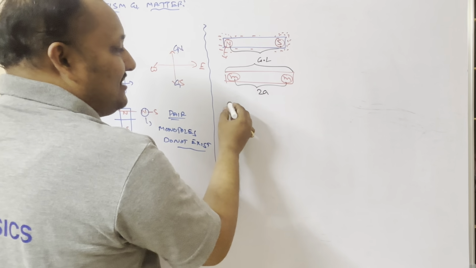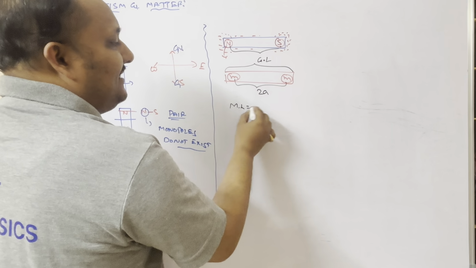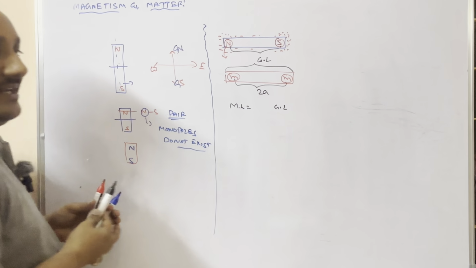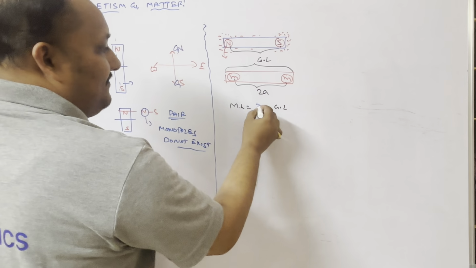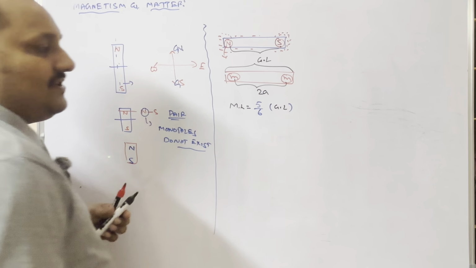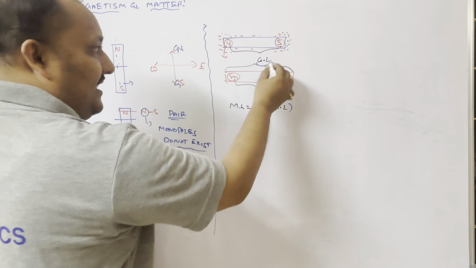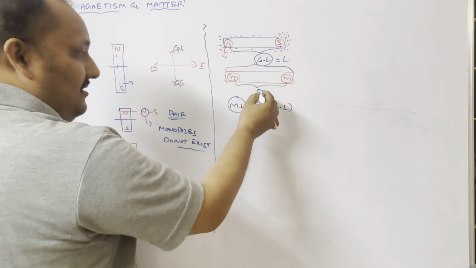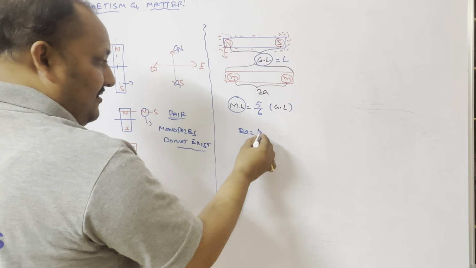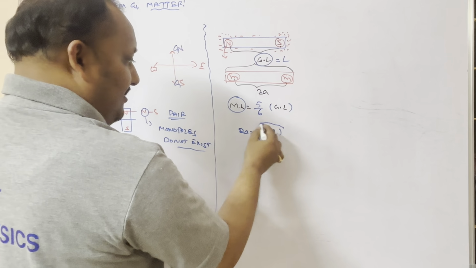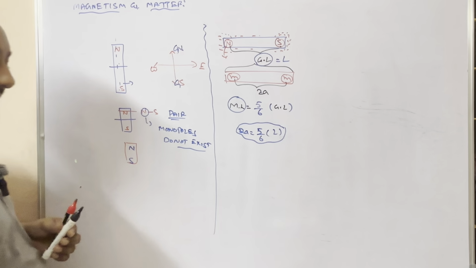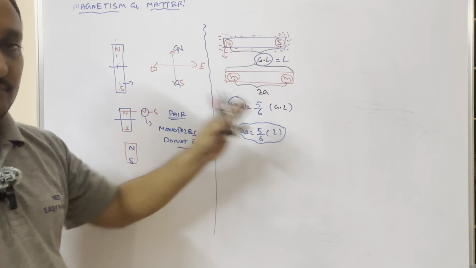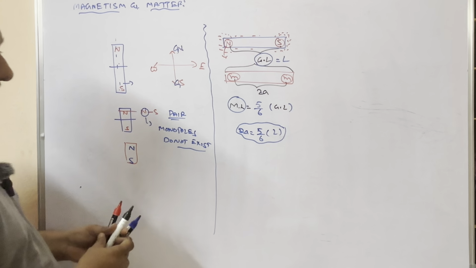The magnetic length is 5 by 6 times the geometric length. They will give the geometric length and ask for the magnetic length. If the geometric length is L and the magnetic length is 2A, then 2A is equal to 5 by 6 times L.